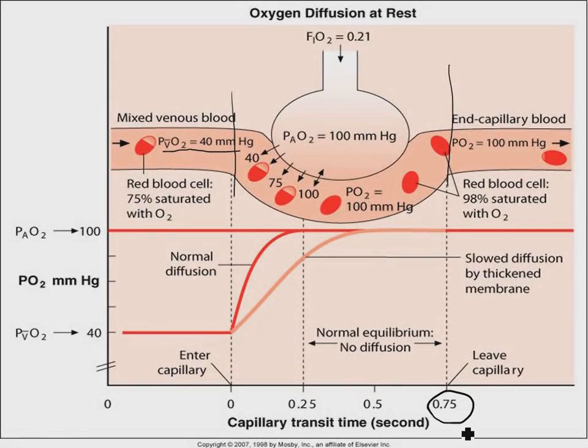We're going to call that the transit time. Three-quarters of a second is how much time blood sits in front of an alveolus. It's the only amount of time it can do gas exchange; once it's past that alveolus, it no longer can exchange oxygen and carbon dioxide. Transit time, right on the bottom.